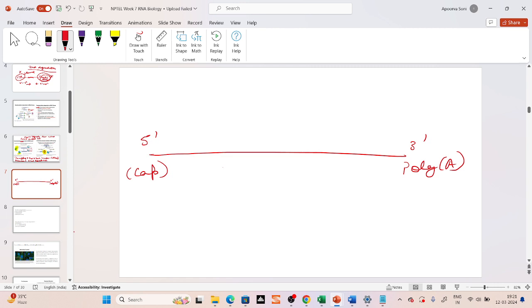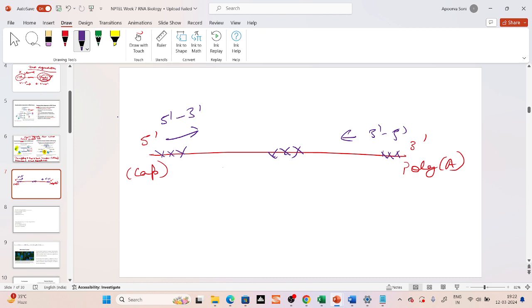So RNA decay can start either from this end, which is 5' to 3', or from this end, which is 3' to 5'.